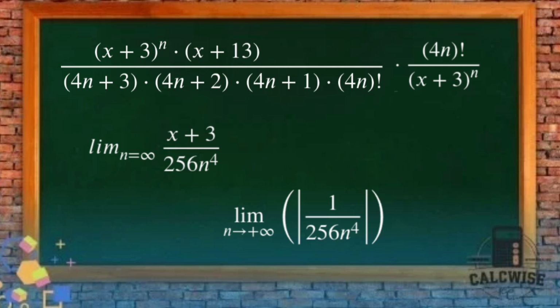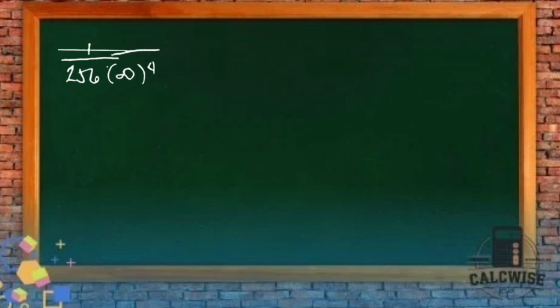Basically, we separated (x plus 3) all over 256n raised to 4 into those two parts. As n goes to infinity, what happens to 1 over 256n raised to 4? That's going to 0. And 0 times (x plus 3) is equal to 0.